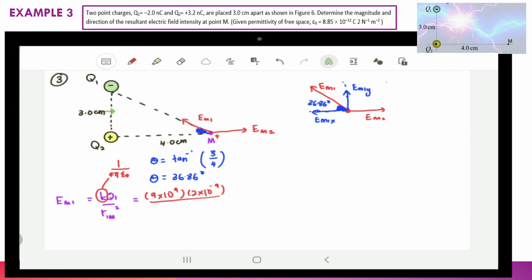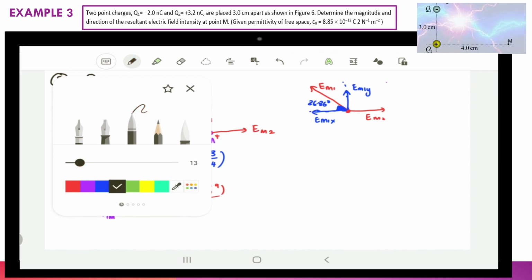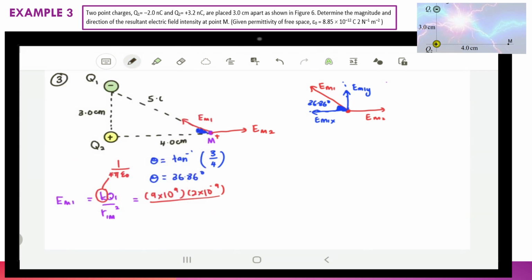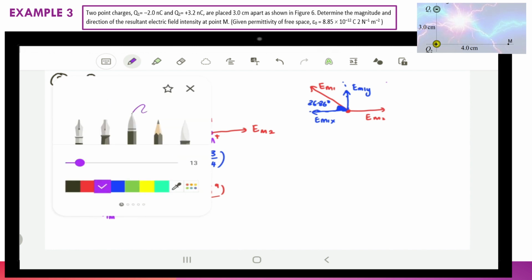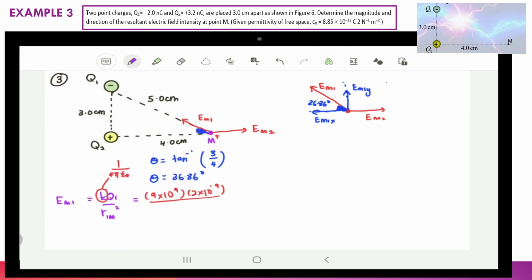So this is a triangle. So 3, 4, and the hypotenuse, you can calculate the hypotenuse of the triangle is equal to 5.0 centimeter. So when you substitute here, we have R1M squared is equal to 5 exponent negative 2, because we need to change into meter squared.